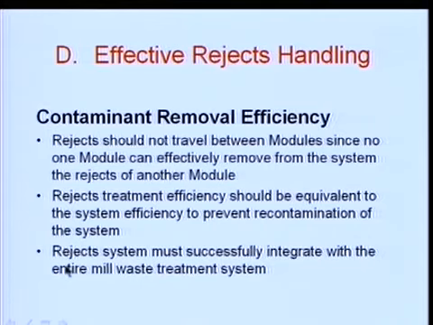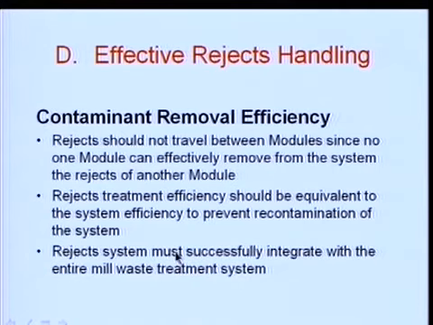So rejects treatment efficiency should be equivalent to the system efficiency to prevent recontamination of the system. This is important. If you want to remove all the contamination, but you remove only 50% of the contaminants in the rejects module, then the rest are going to get recycled and run around and cause problems. The reject system must successfully integrate with the entire mill wastewater treatment system.